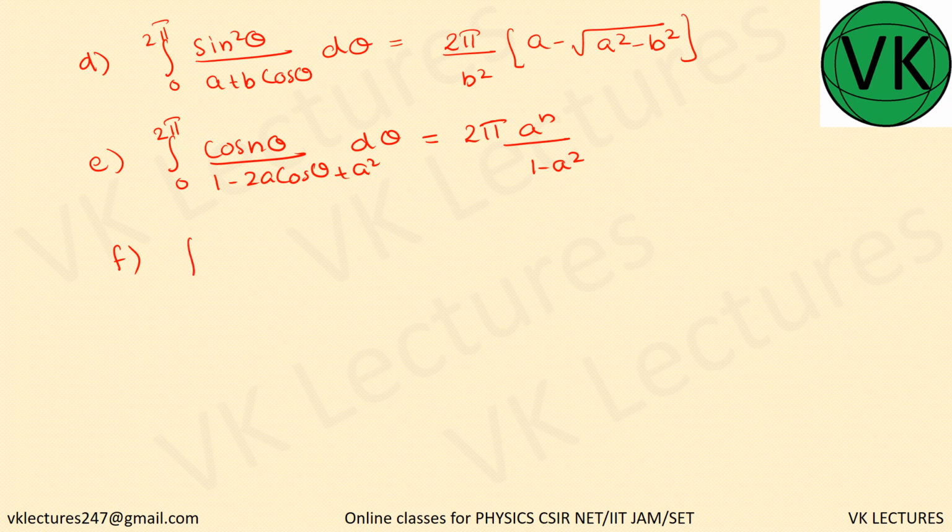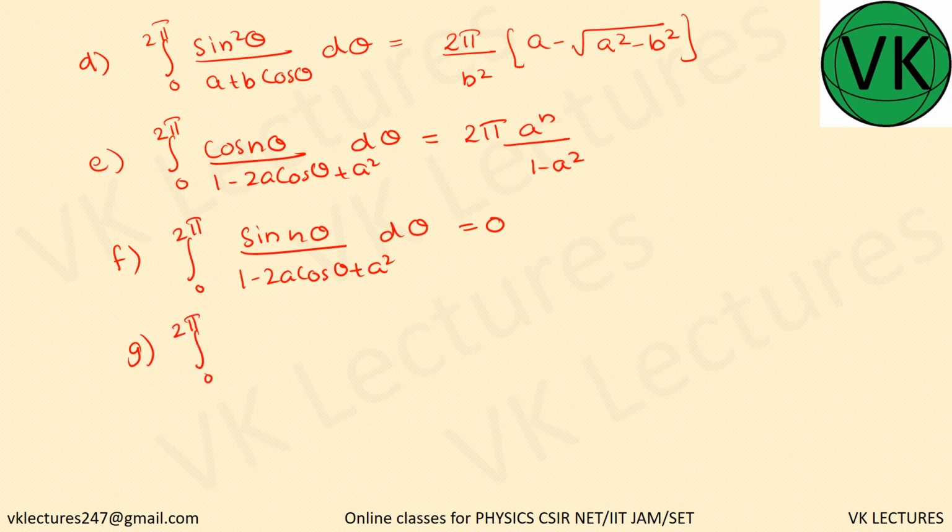Then integral 0 to 2 pi sin n theta divided by 1 minus 2a cos theta plus a square d theta is equal to 0. Then integral 0 to 2 pi e raised to cos theta cos of sin theta minus n theta d theta is equal to 2 pi divided by n factorial.